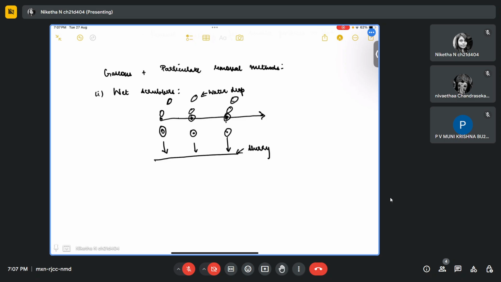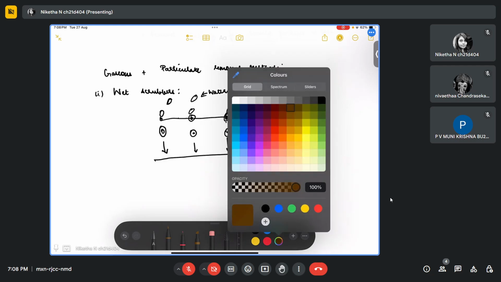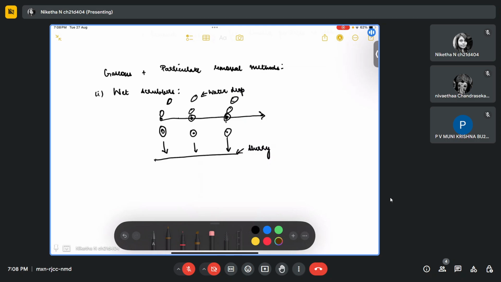This slurry will be collecting at the bottom.